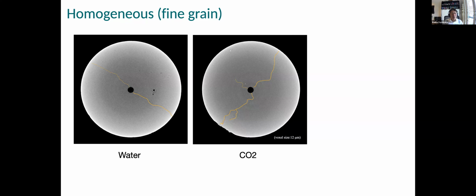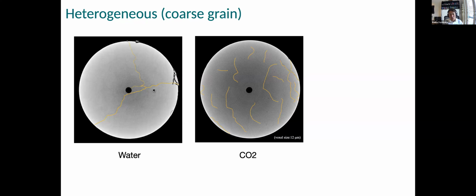For the heterogeneous, coarse grain sample, when we inject water, we see a big fracture formation, but the propagation of the fracture is still very much impacted by the grain boundaries. When we inject CO2, or supercritical CO2, the fracture pattern looks very different.